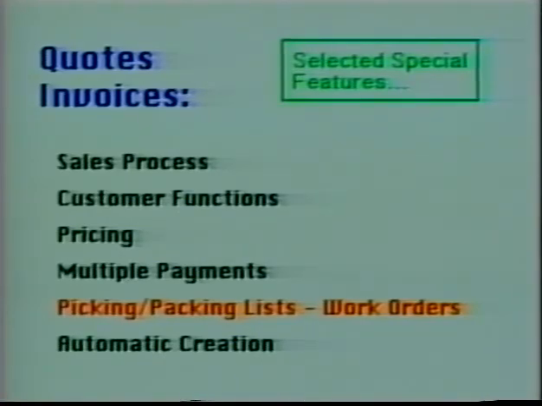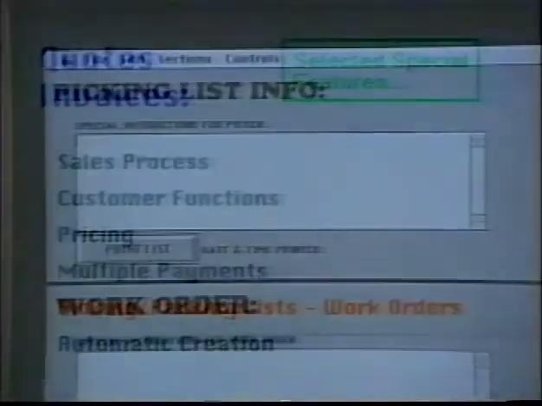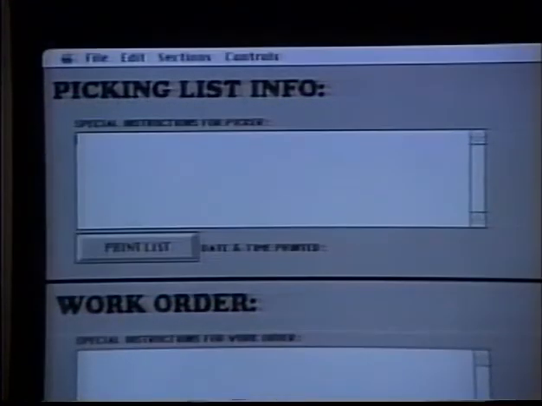These include picking lists, packing lists, and work orders. By checking this button, PIMS will print a packing list every time an order is printed. To print a picking list, the user simply enters instructions that will appear at the top of the picking list and clicks the button called Print List.